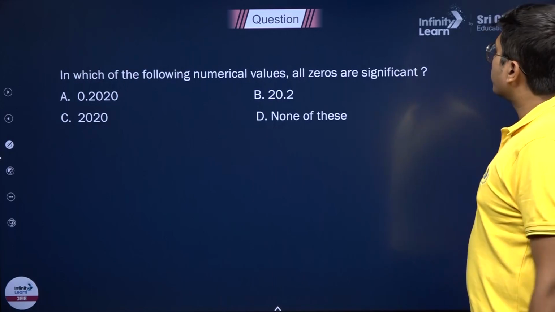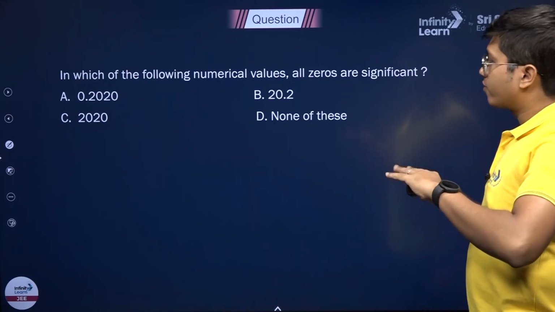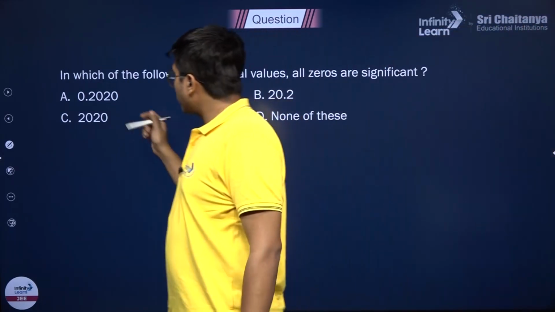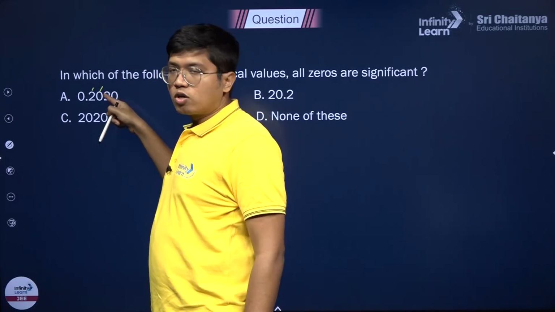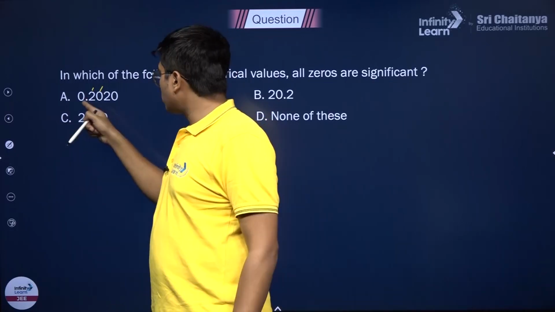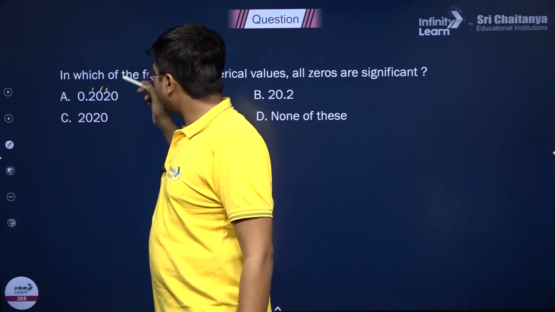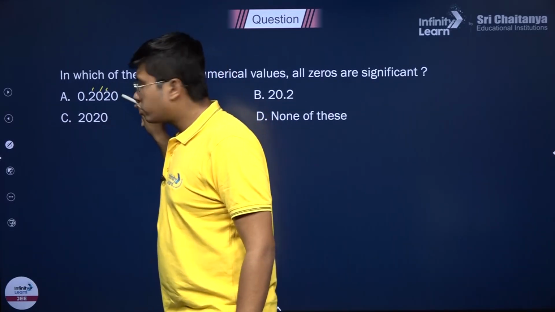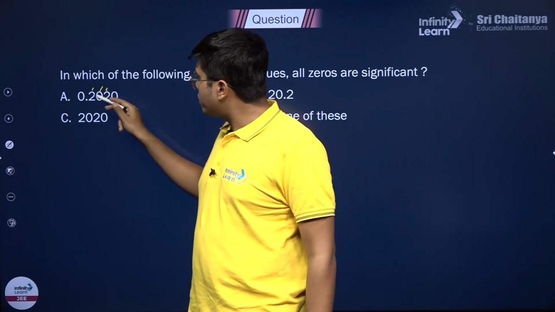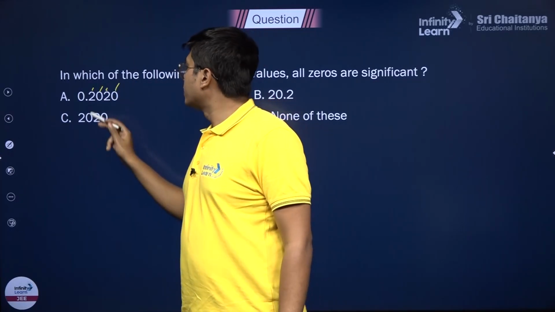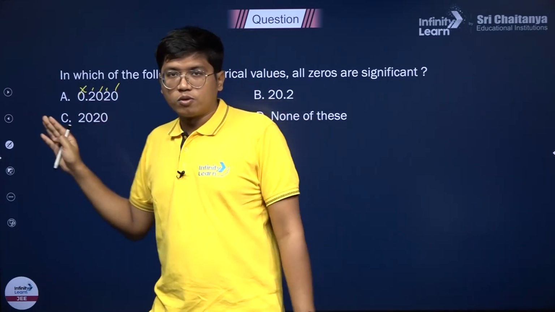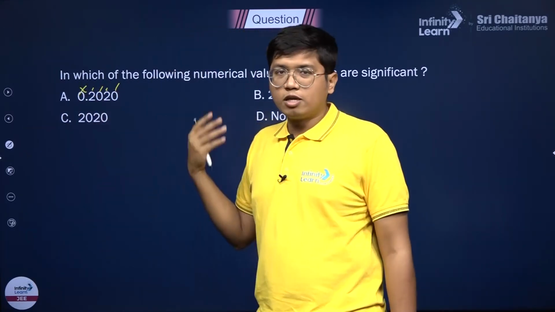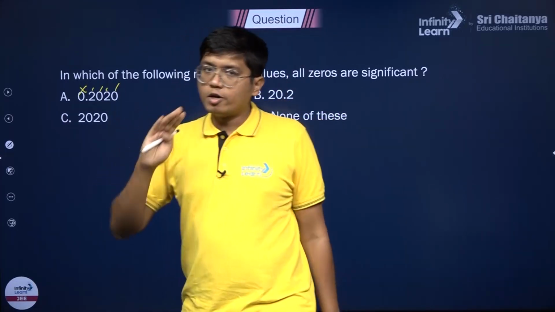Okay, which of the following numerical values has all zeros significant? So let's see. First up, over here, this 0 is significant because it is in between 2 non-zero numbers. This is obviously significant. This 0 is also significant. Why? Because it's a trailing 0 of a decimal number. But this 0 is not significant because it's the leading 0 of a decimal number. Decimal or non-decimal, a leading 0 is not significant.